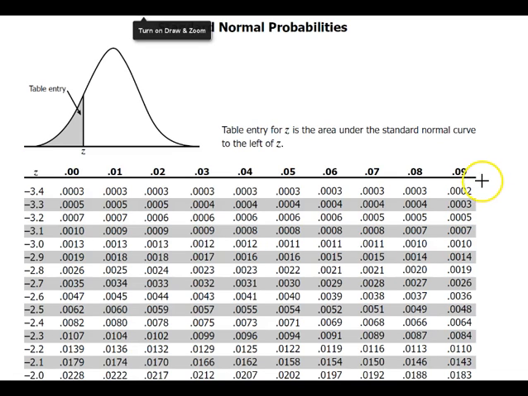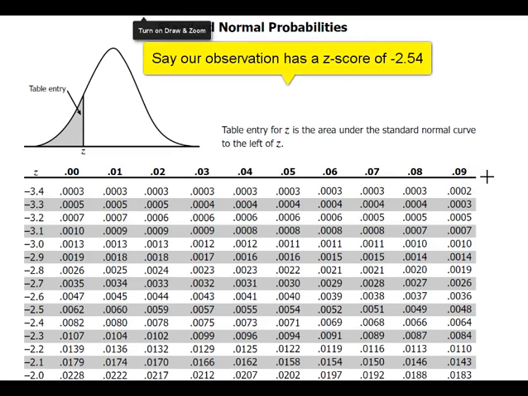Now let's talk a little bit about how you use a z-table. Say, for example, we calculated a z-score of 2.54. We can find the area underneath the curve below that score by looking at the row for 2.5. That's our first digit, and then the second decimal place is 0.04.